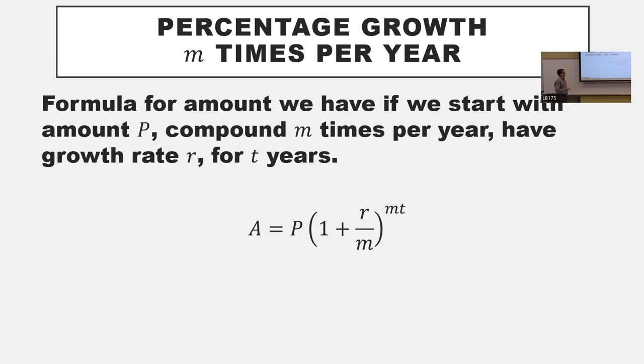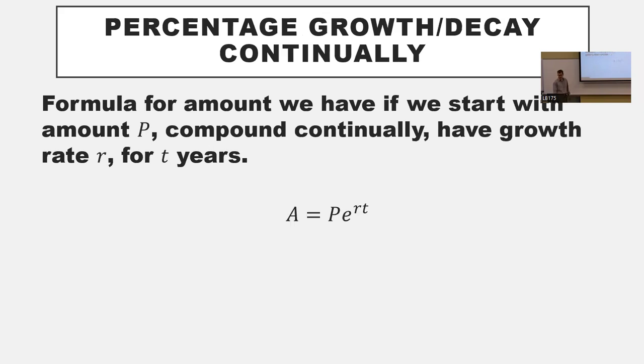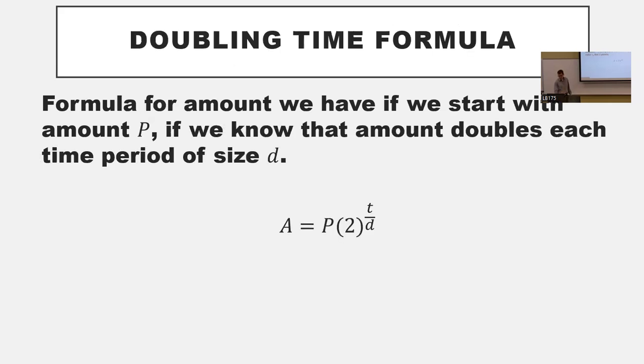So just as a reminder, the formulas that we're going to use, if we have compounding interest m times per year, then we use this formula. If we have compounding interest continually, then we use this formula, P e to the RT. Our doubling time formula is this one, P times 2 raised to the T over D power, where D is the time period it takes to double.